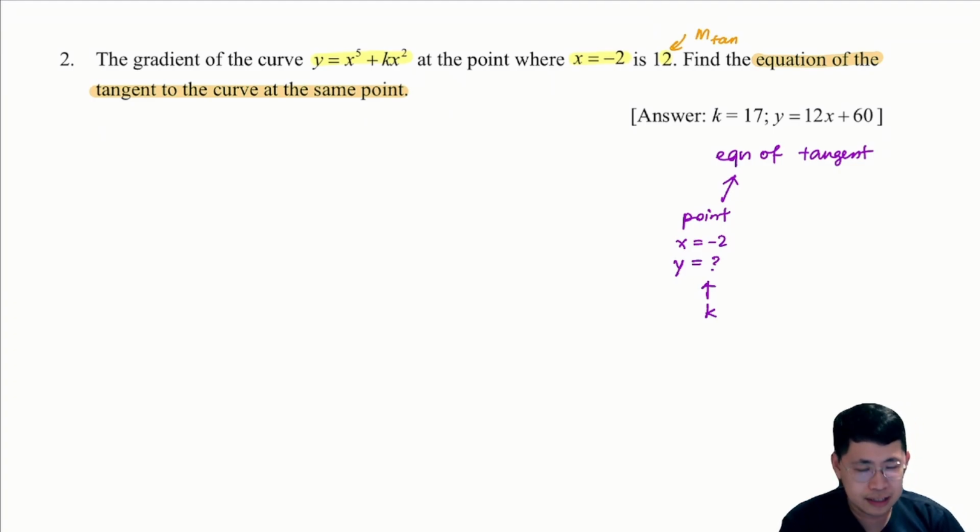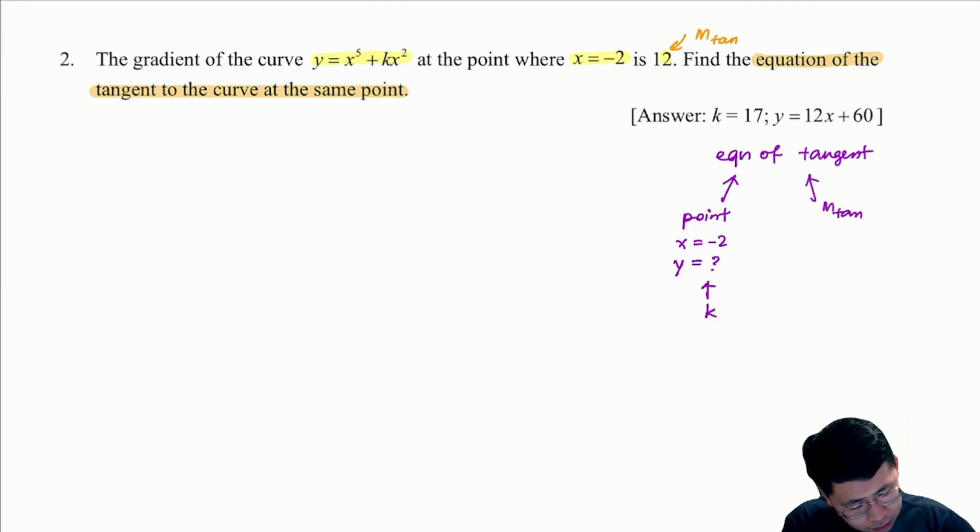What information is given to find the k? Now let's look at the other branch on top of the point. We also need the gradient of the tangent, and the gradient of tangent is equals to 12. So how do we link k and 12 together over here? Where does this gradient of tangent come from?